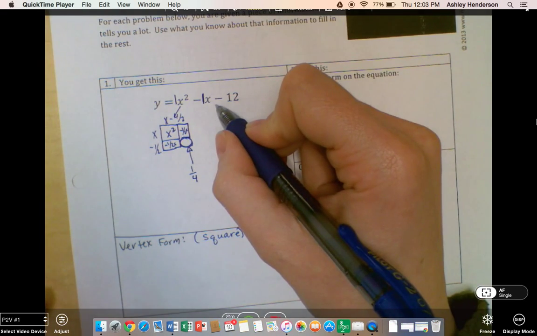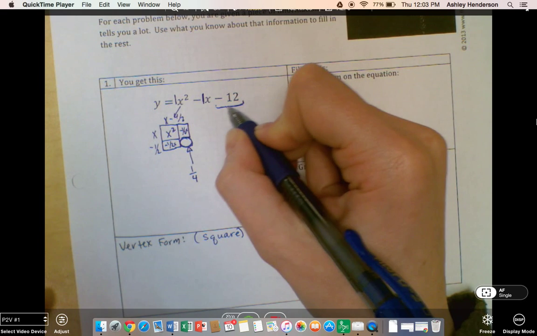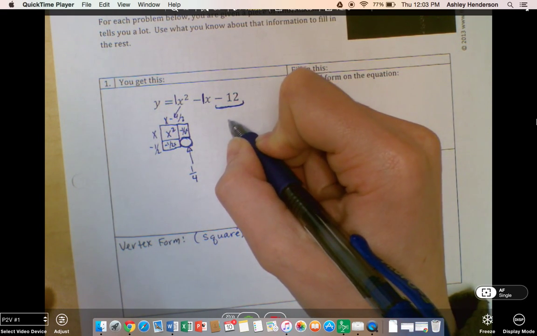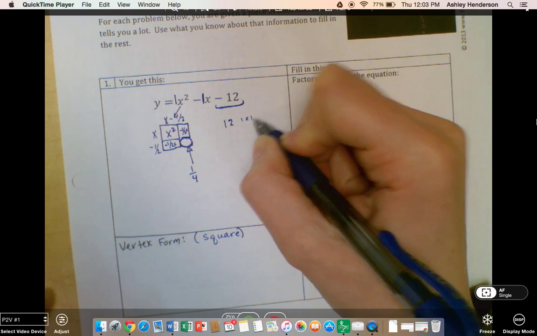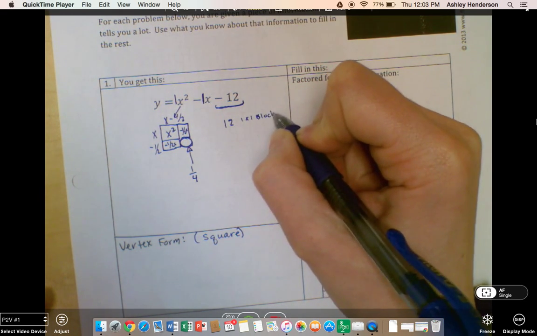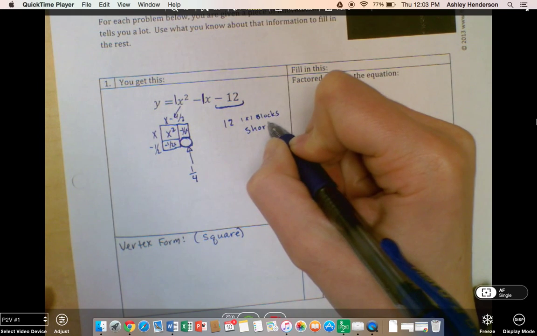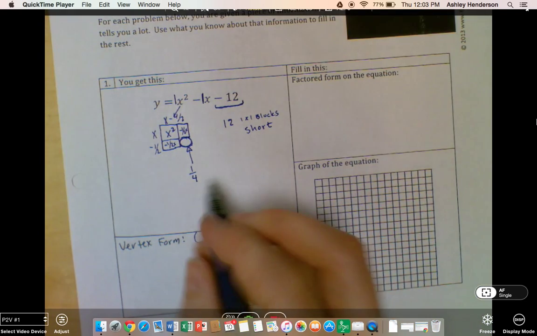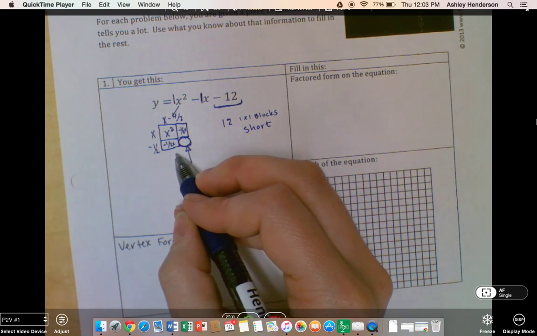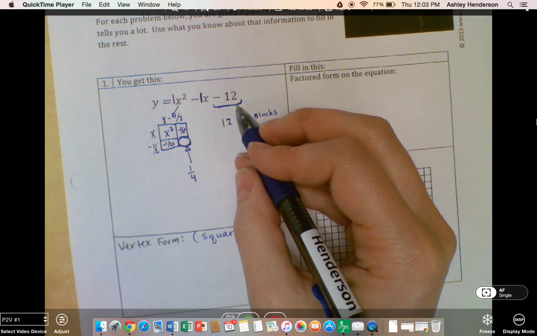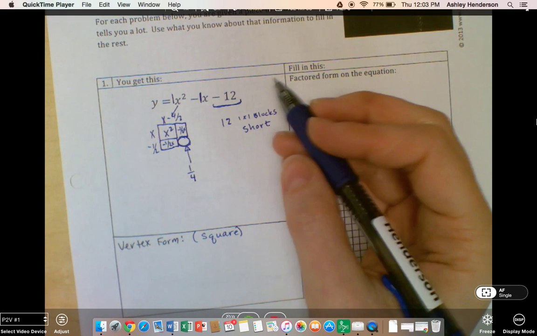Well, we think back to our quilt blocks. I was already 12 1 by 1 blocks short of what I needed to be. So if I needed 1/4 to make a square, I didn't even have any to begin with. Now I'm even shorter than that.